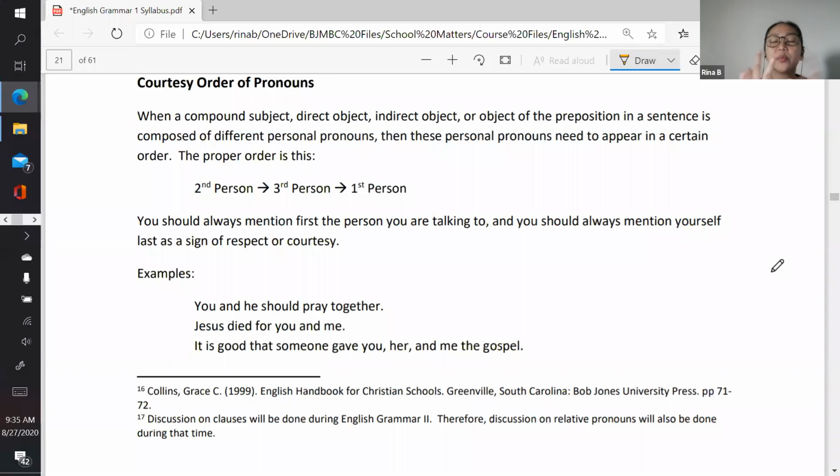So you, second person, I, first person, he, third person. Then the order should be second person first, third person second, and first person, yourself, will always be the last. So that's why it's called the courtesy order.